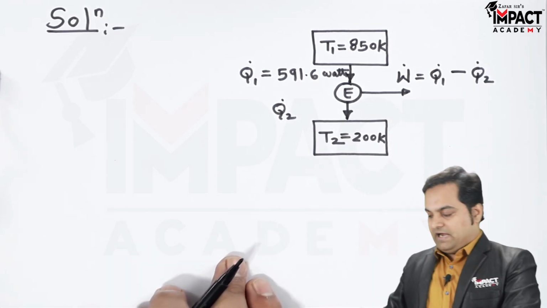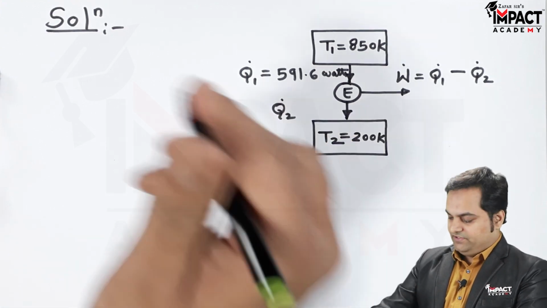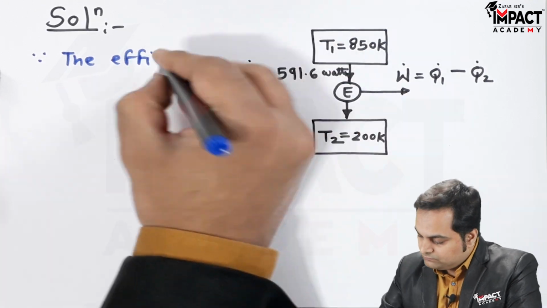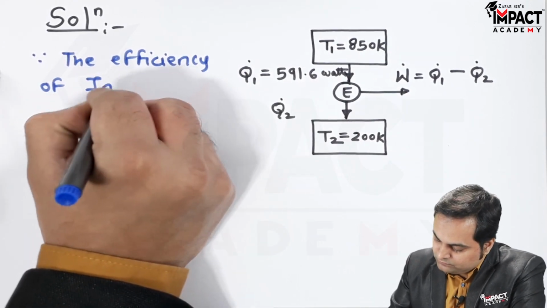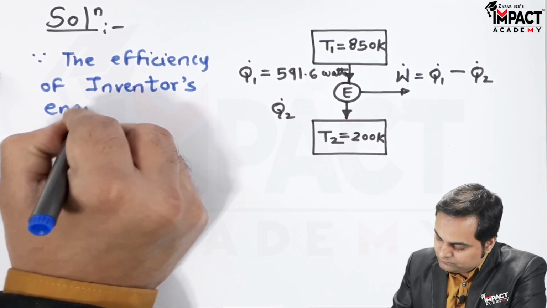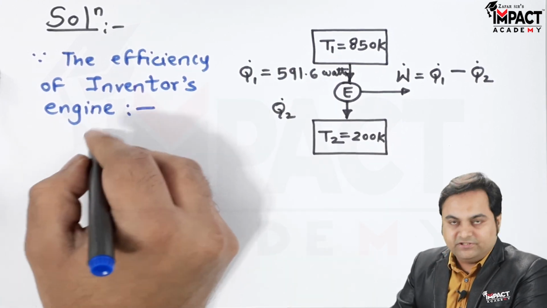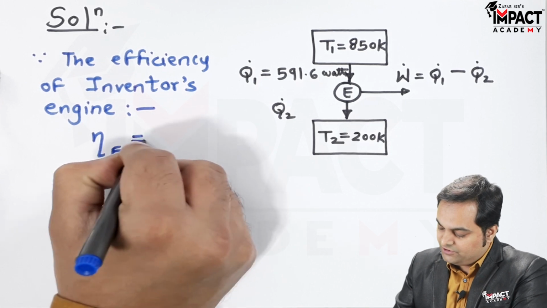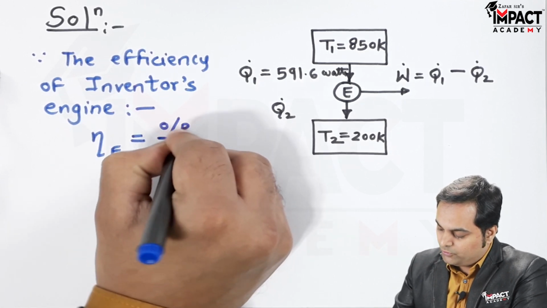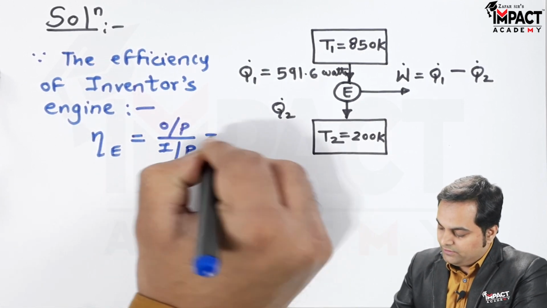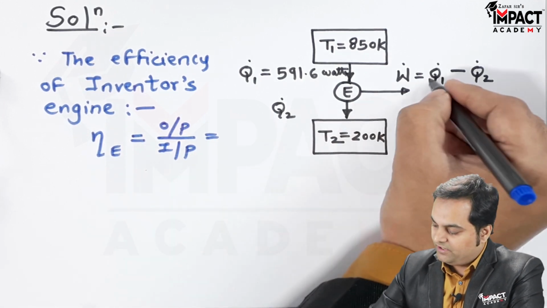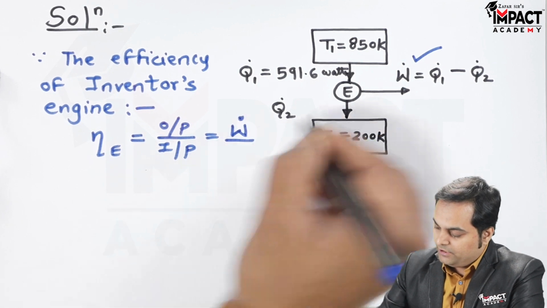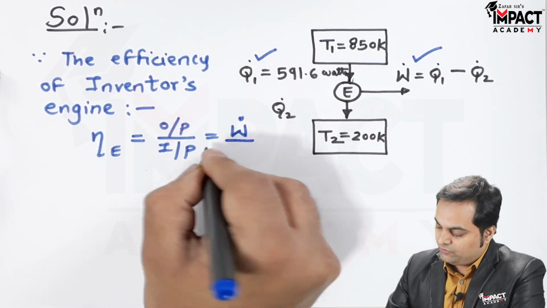So first I'll find the efficiency of the inventor's engine. The efficiency is given by the general formula of efficiency, which is output upon input. In case of an engine, the output is the amount of work produced, which is W dot. Input is the heat which is supplied, that is Q1 dot.